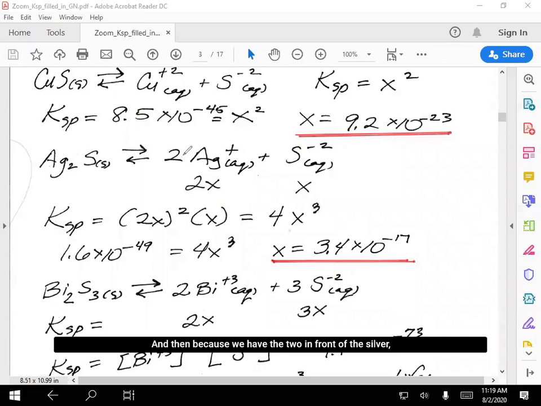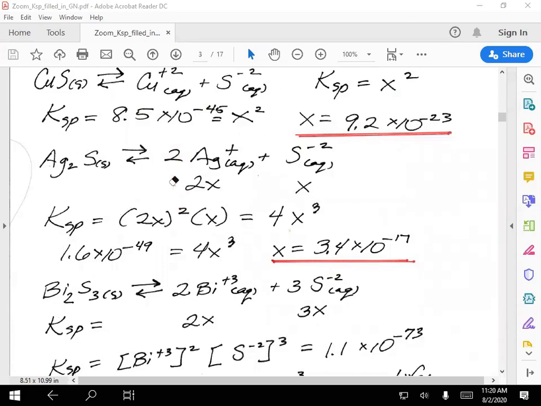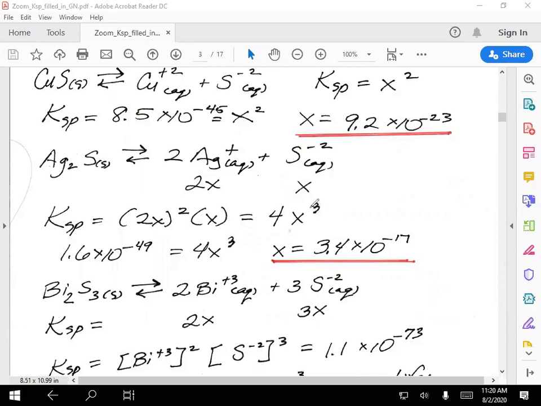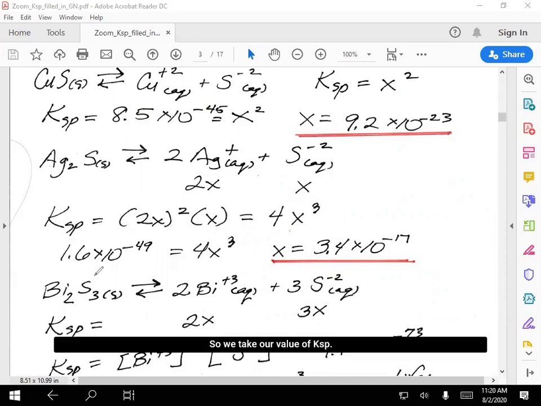And then because we have the 2 in front of the silver, we would want to use the exponent 2 for our KSP expression. So we end up, when we do the math, getting 4x cubed. So we take our value of KSP, we equal it to the 4x cubed. We solve for x, and so this is our x for our silver sulfide.